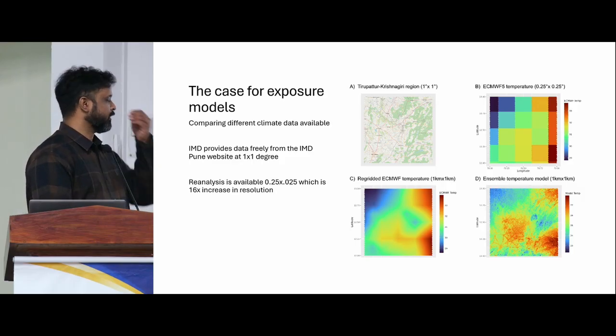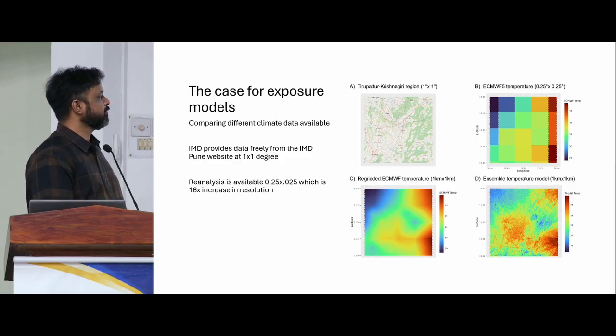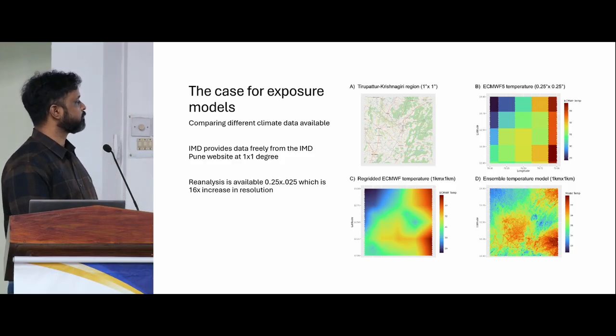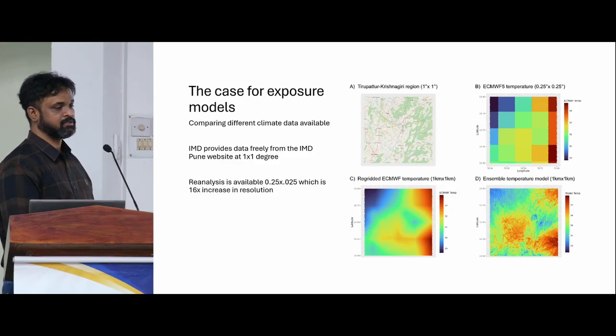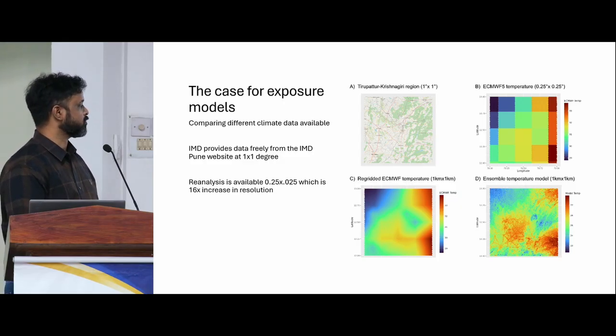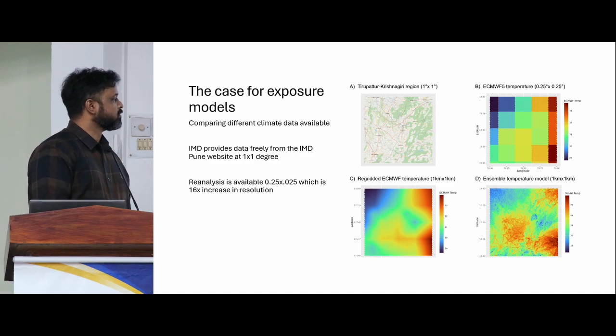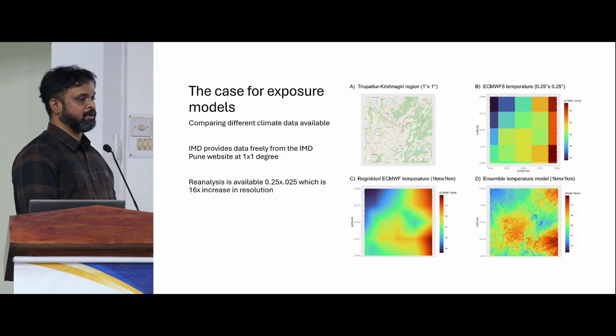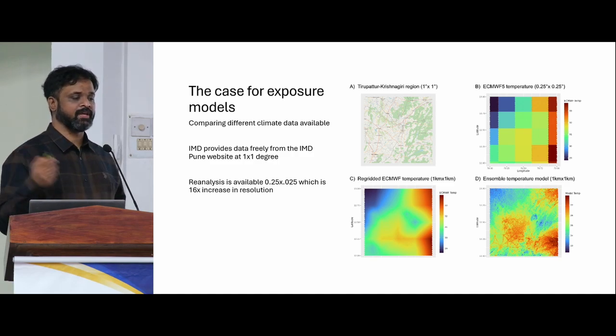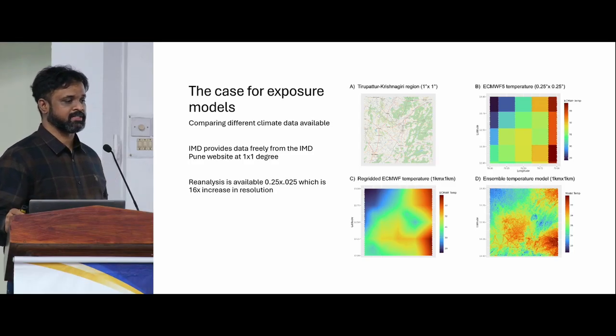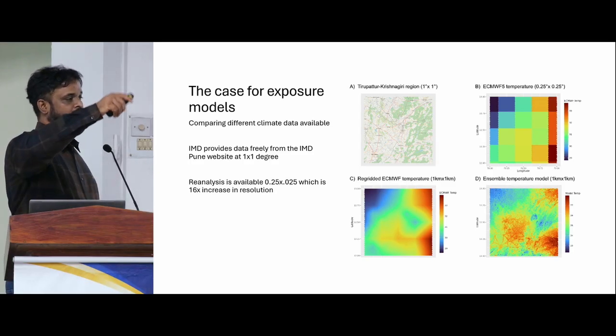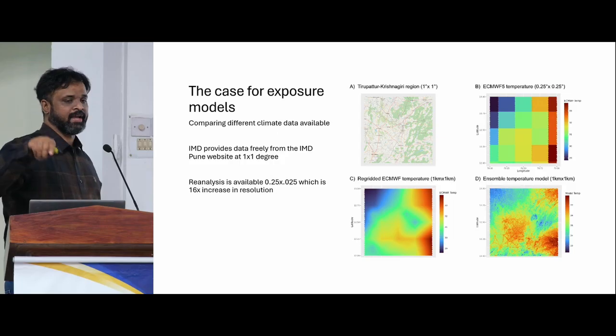Now let's look at reanalysis data, which is slightly better, a 16 times increase. Now you can see that there's some variation. Some areas are hotter than others, but it is still quite coarse for what we want for exposure modeling. Now we do something called resampling, where we create 1 kilometer by 1 kilometer raster grid cells, and then we approximate or take average distances.